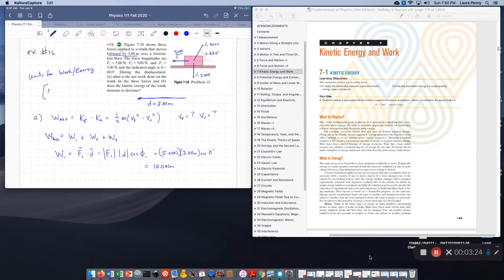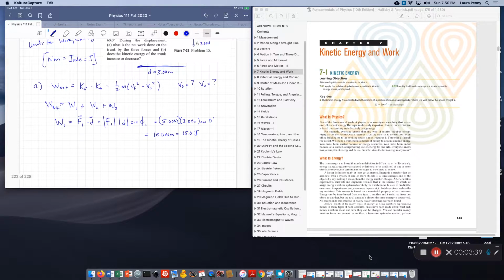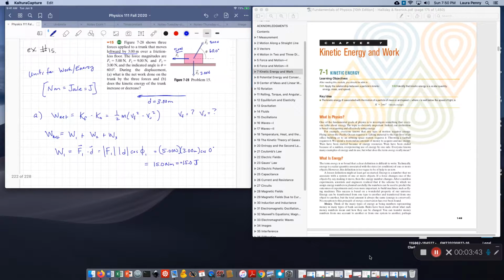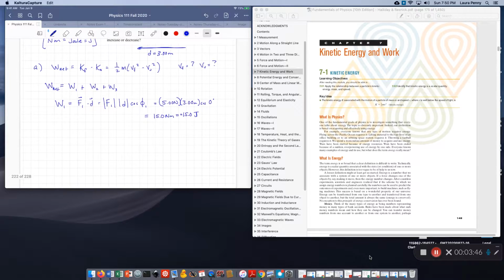It has its own unit. It's called a joule, or a capital J. And so this is 15.0 joules. And it's a positive 15. This force is adding energy into my box or my trunk.